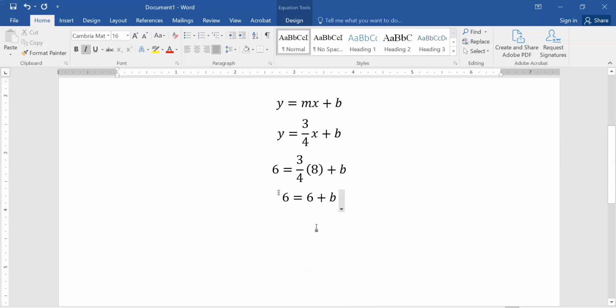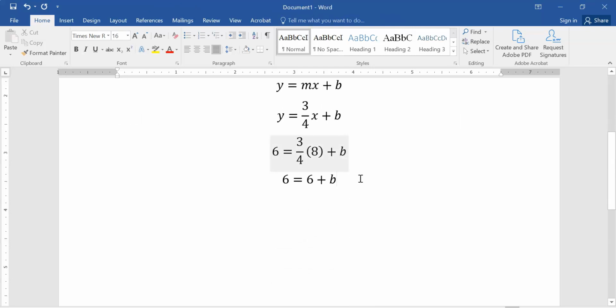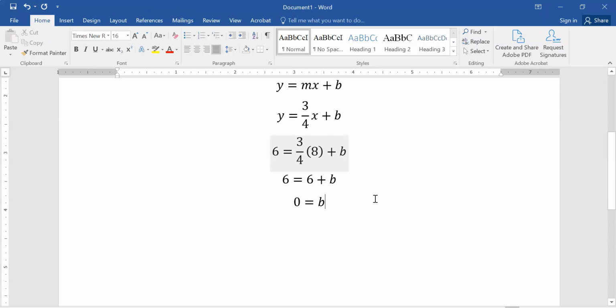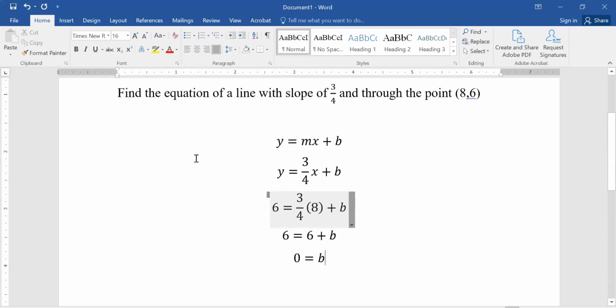So we get 6 equals 6 plus b. Subtract 6 from both sides, and what we get is that b is equal to 0, or 0 is equal to b. Now, I'm not quite done yet with this problem because remember, it asks me to find the equation of the line.